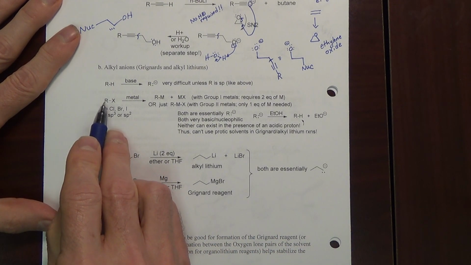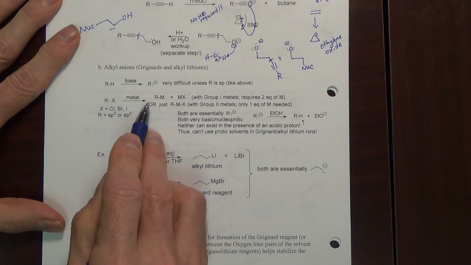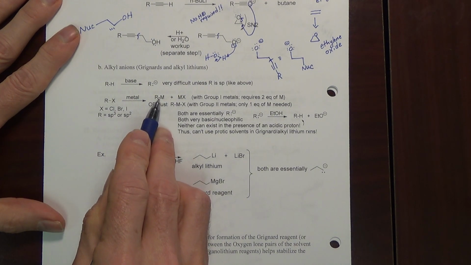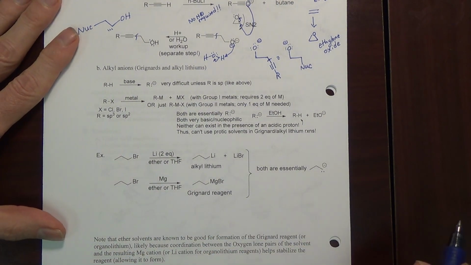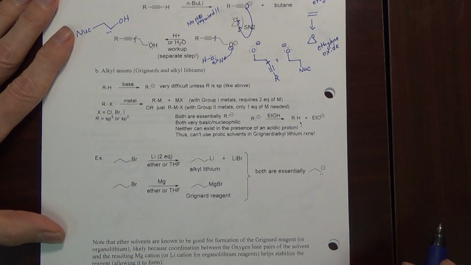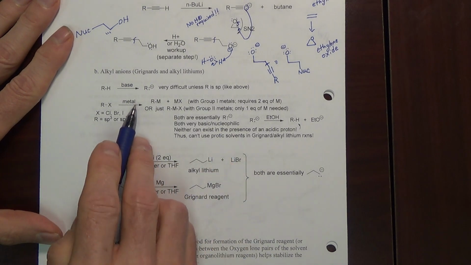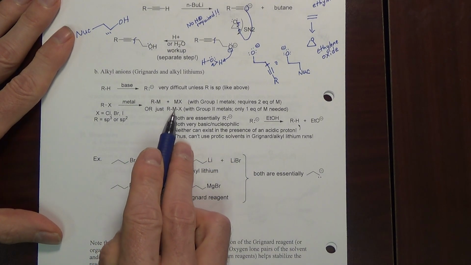In this reaction, the metal will replace the halide to give the RM. If it's group 1. If it's group 2, you'll get RMX.